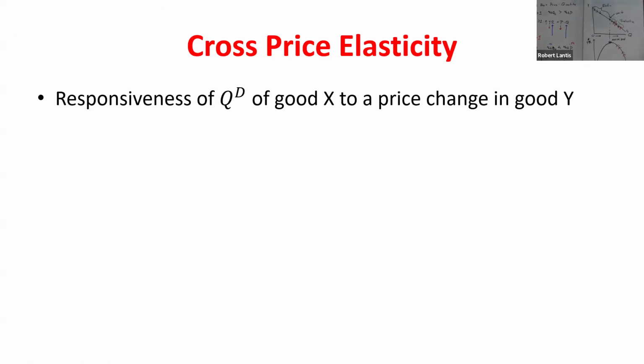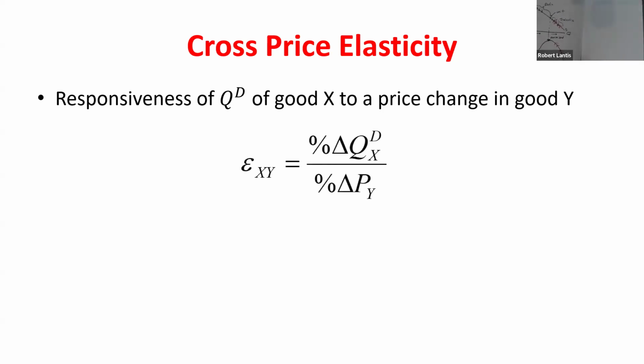My cross price elasticity is going to look very similar to my price elasticity of demand. However, it's going to measure how responsive consumers were in their consumption of good X when the price of good Y changed, right? So, cross price. So this cross price elasticity, what do you think it's going to allow me to figure out? If two goods are what?